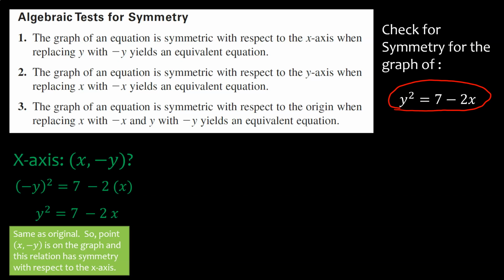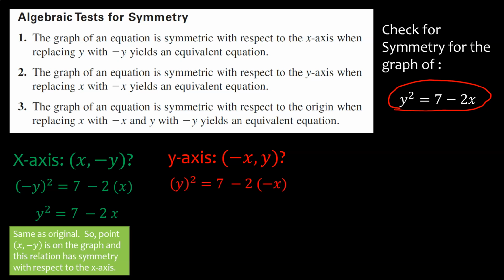Now let's check for symmetry with respect to the y-axis. We are saying, well, if (x, y) is on that equation there, and it does have symmetry with respect to the y-axis, then (-x, y) should also work. Let's see.